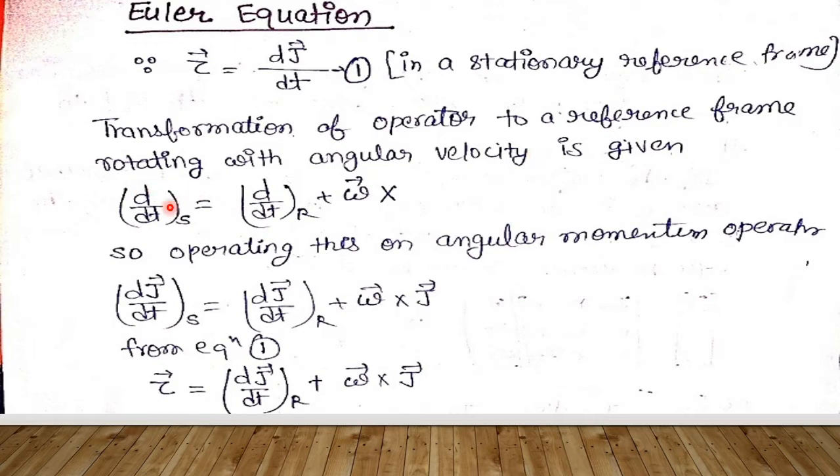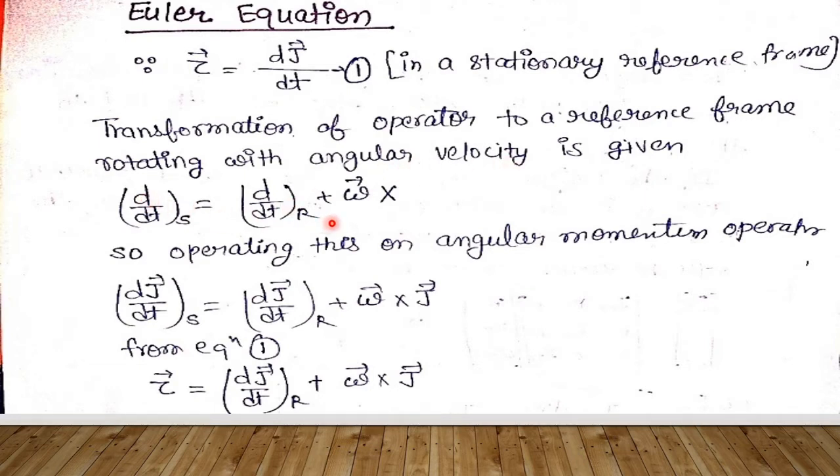That transformation operator relating to the stationary frame is d by dt in s equals d upon dt in r plus omega cross. Here s stands for the stationary frame, r stands for the rotating frame, and omega is the angular velocity of the rotating frame.